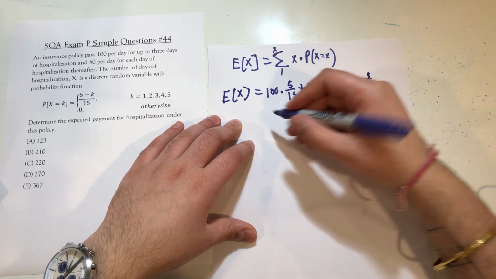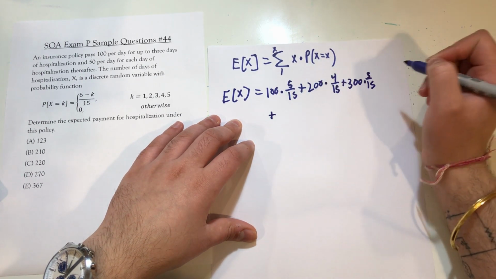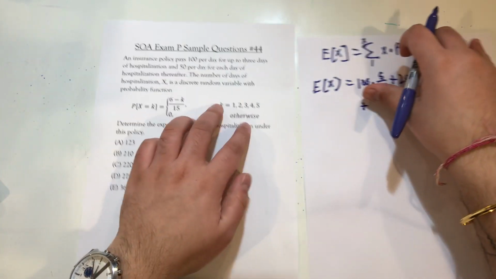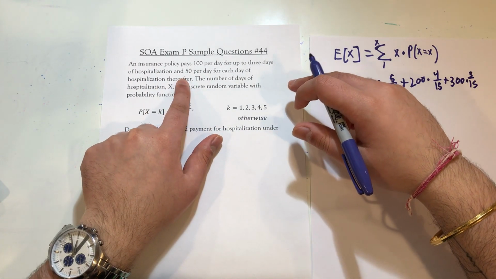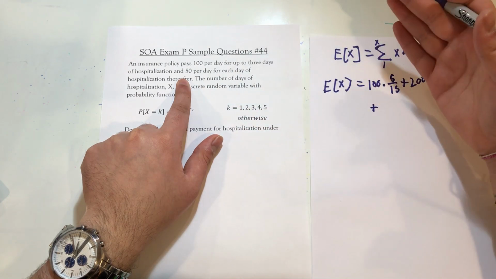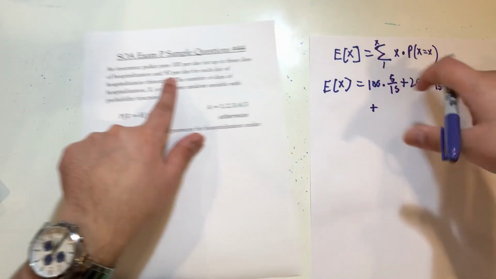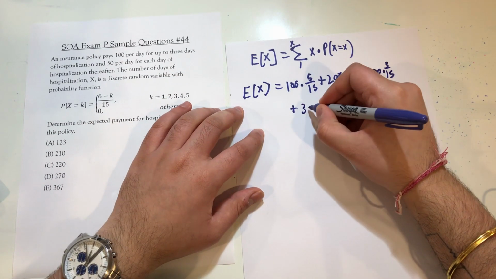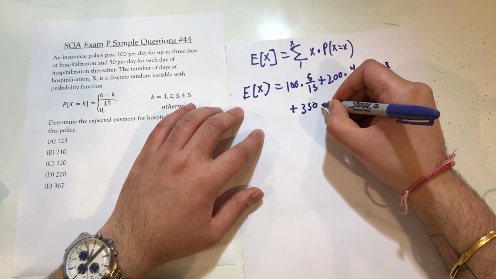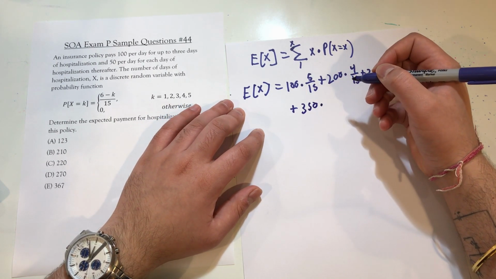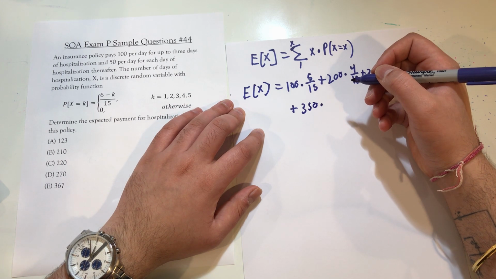And I'm going to continue this on the next line, kind of ran out of room there. Plus, now keep in mind, starting on the 4th day, right, you only pay 100 up to 3 days. Starting on the 4th day, it's 50. So the amount is 350 for the 4th day, times the probability of being hospitalized for 4 days.